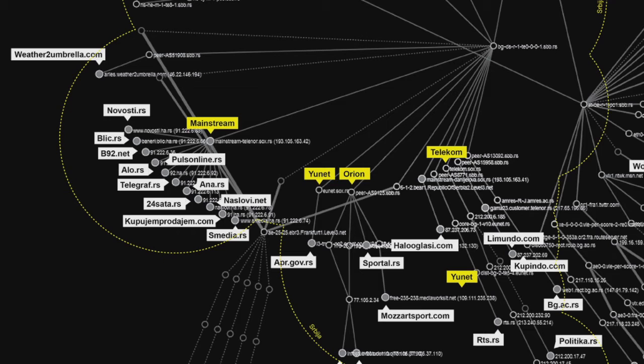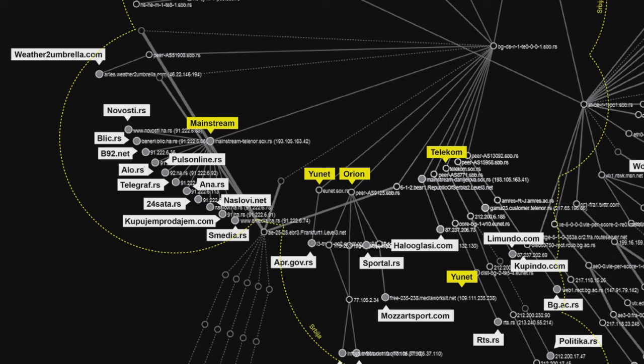Also there are some other providers, but just a couple of them, Unitori and Telecom, and they have each one or two or three websites. The representative number is 100, so we took the 100 most visited sites. Most of them are outside, but of those who are inside, most are with Mainstream.